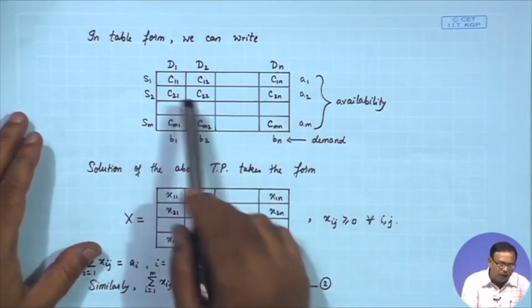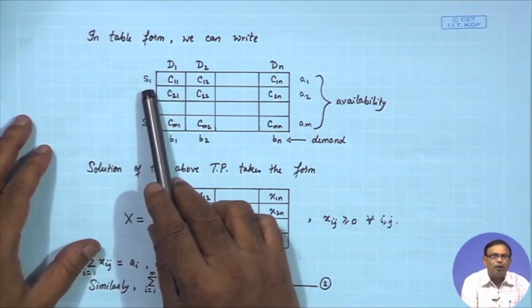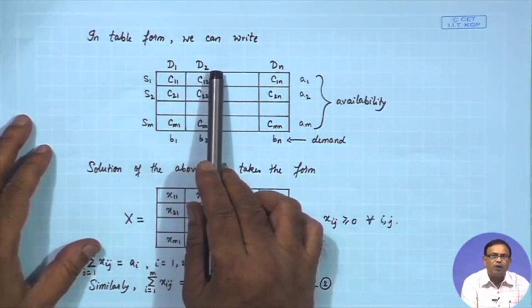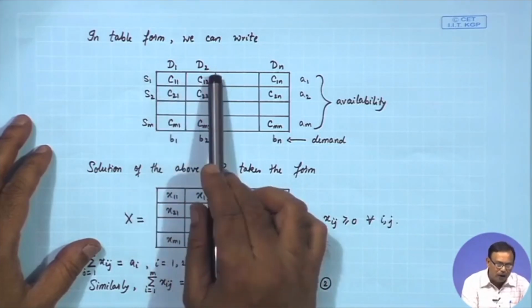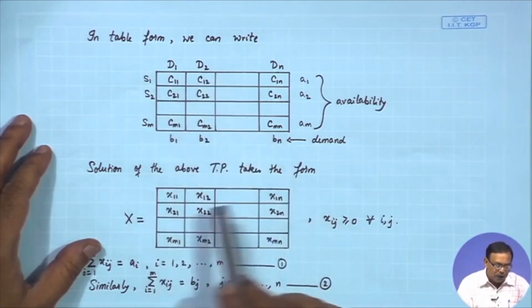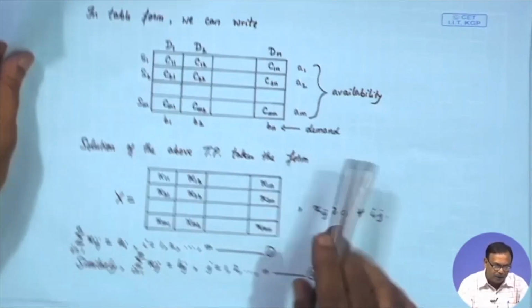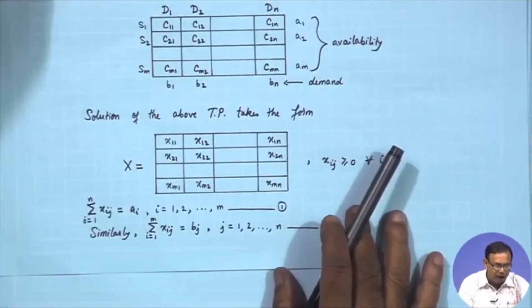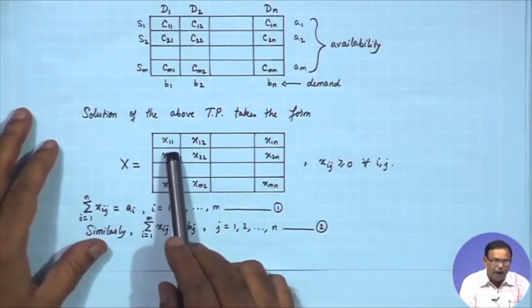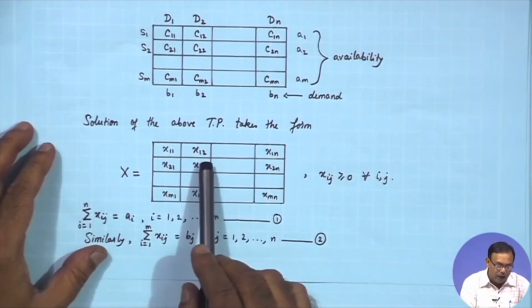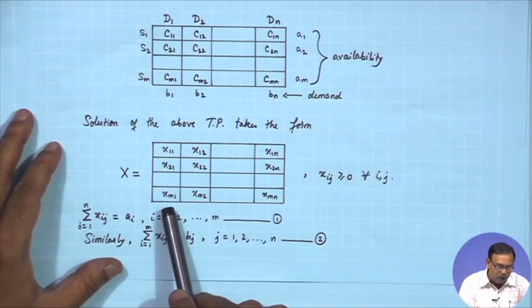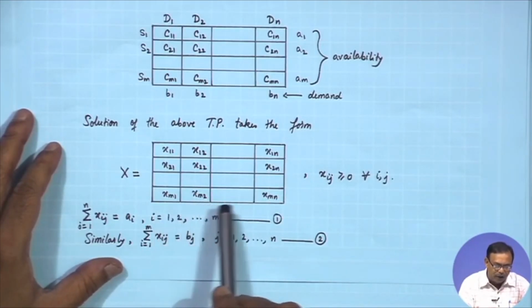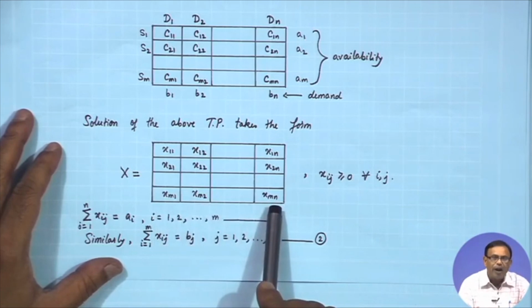So, what will be the solution of this transportation problem? From source S1, to which destination are we sending the items and how much quantity are we sending? Therefore, the solution of the above transportation problem will always take a form like this: X equals x11, x12, x1n, and the last row x m1, x m2, x mn.